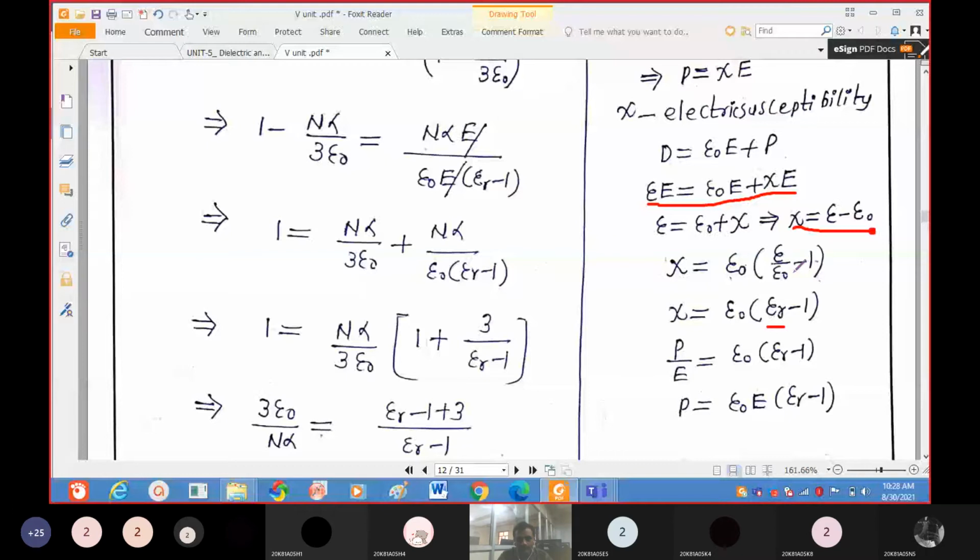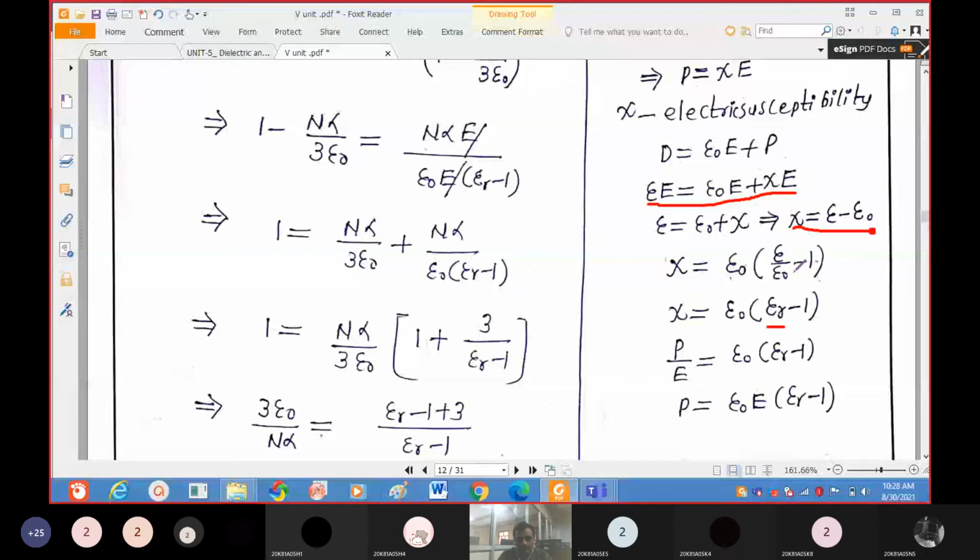If you have interest you can write that the dielectric constant is a macroscopic property of the material, and polarizability is a microscopic property of the material. The Clausius-Mossotti equation gives the relation between the macroscopic and microscopic properties of the dielectric material. So you can write like that.